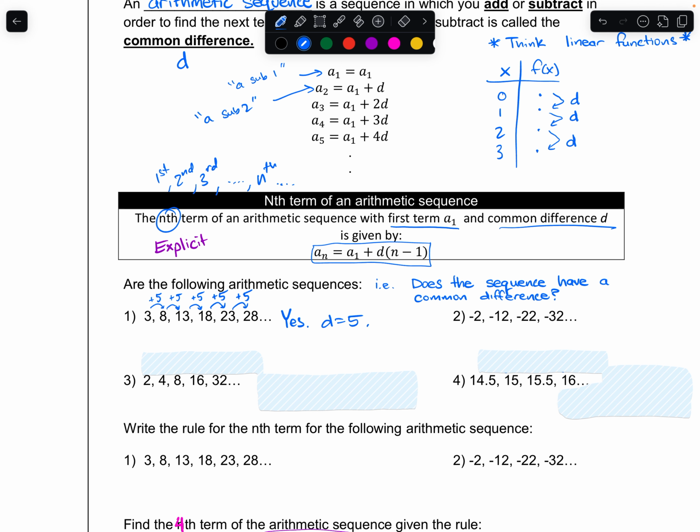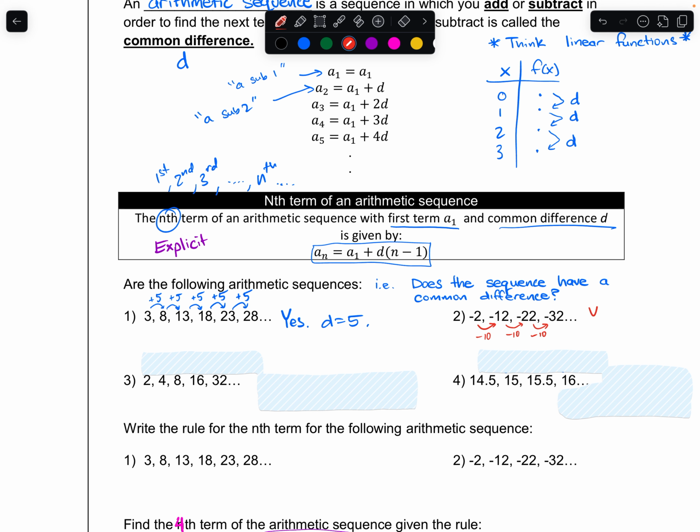All right, let's try number 2. We start with negative 2. I'm going to use a different color because I wrote some stuff in blue already. To get from -2 to -12, this is the only time I'm going to write it this way, but I'll write -10. You can think of it as subtracting if you really want to. And sure enough, from -12 to -22, we're subtracting 10 again and again.